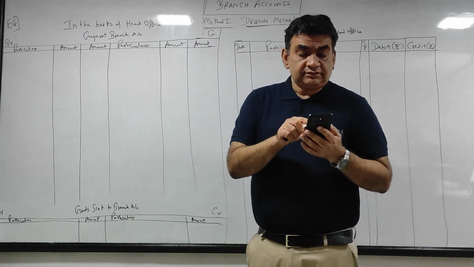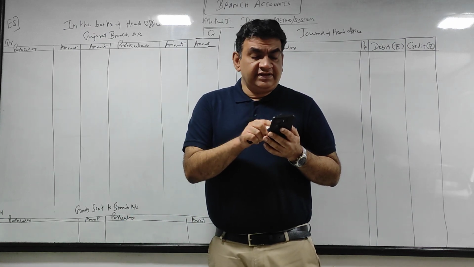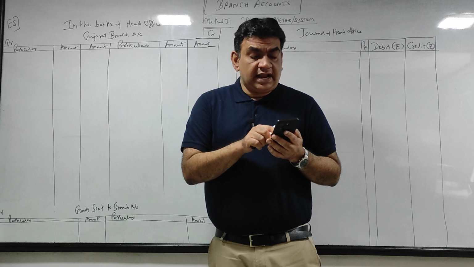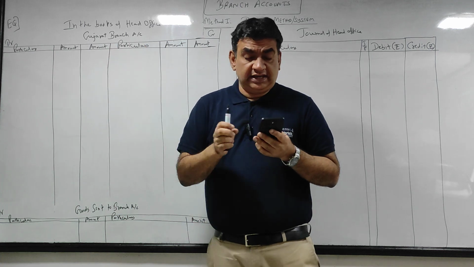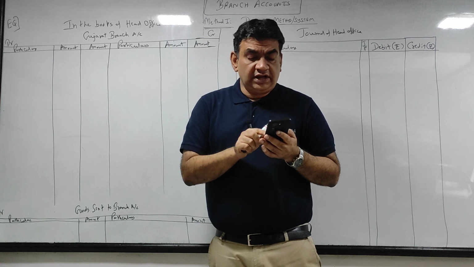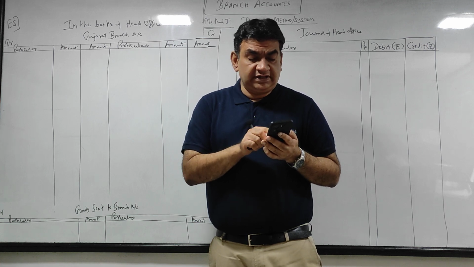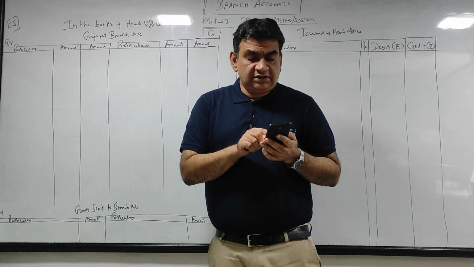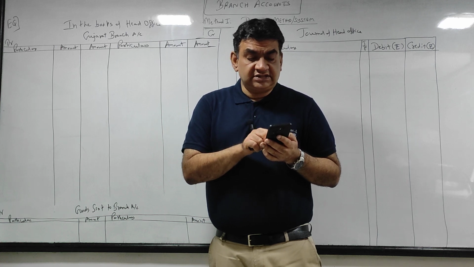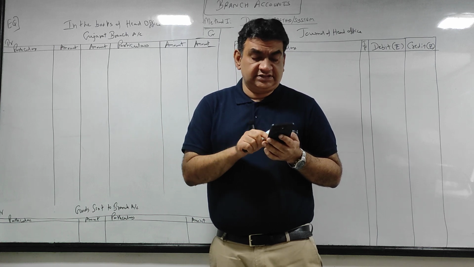Let's see. Vansh Limited having its head office in Mumbai and branch at Gujarat. So this will be the Gujarat Branch Account. From the following information given by Vansh Limited, you are required to prepare the Gujarat Branch Account in the books of head office under the Debtors system and pass journal entries.